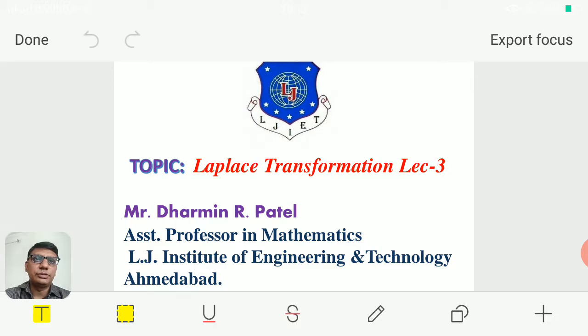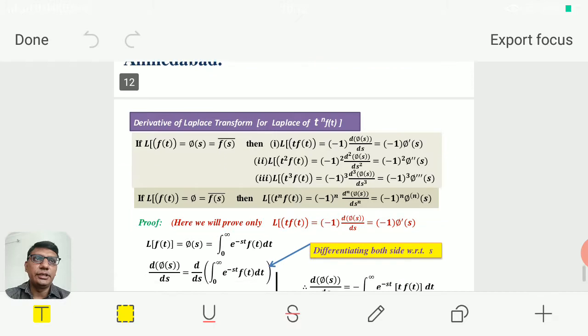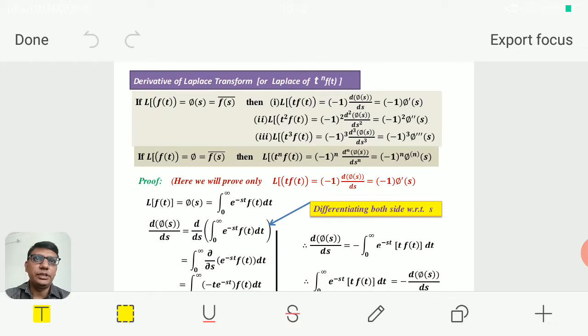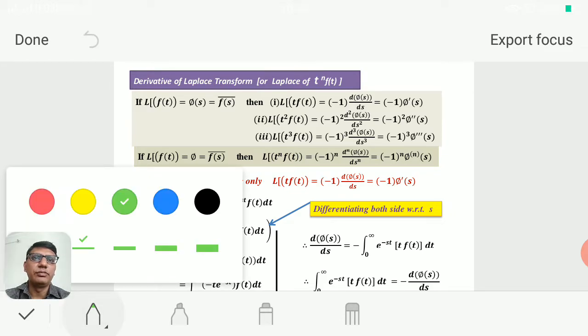the derivative of Laplace transformation. When we differentiate the Laplace transformation of a given function f(t), we know that Laplace of f(t) is the conversion of the t variable to the s variable by improper integration from 0 to infinity of e raised to minus st f(t) dt. Here we know that Laplace of f(t) is f bar s or phi of s.